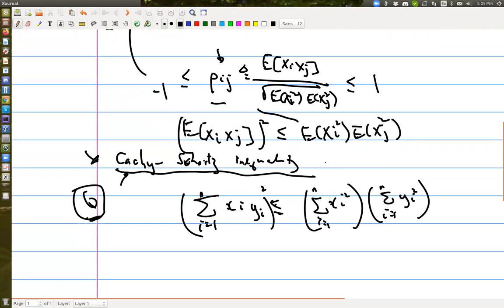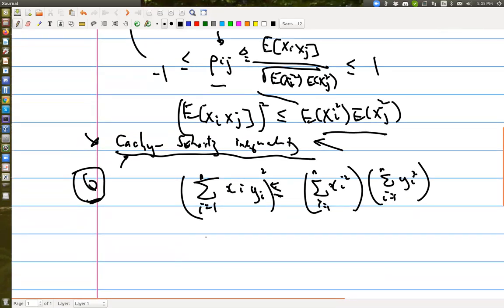This is the form I came across in high school, but there are lots of similar forms of it. This is basically just a general result in linear algebra, or in Hilbert space more precisely.